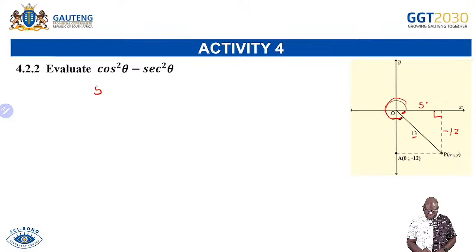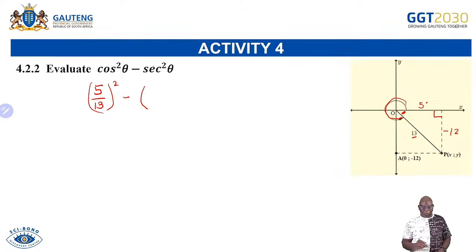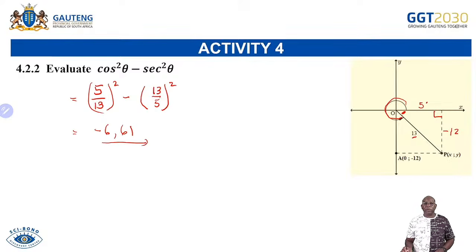So it will be 5 over 13, which is positive. I know cos in the fourth quadrant is positive. The sec of theta, oh yes, it's easy. It's just the opposite of this. So it's just 13 over 5, all squared. Just punch this in a calculator. The answer will be negative 6,61. I think that's what I've got here.